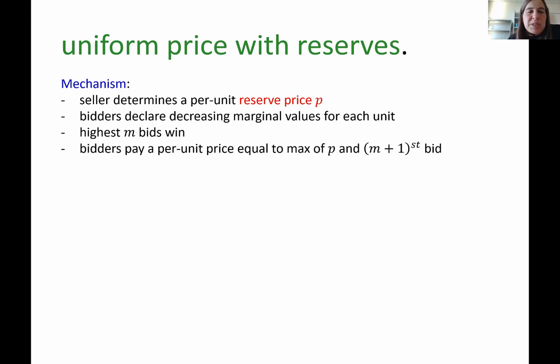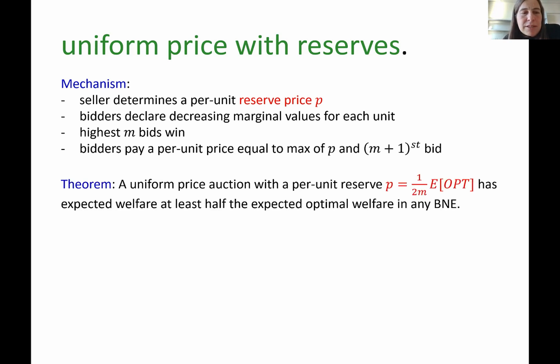But now the bidders pay a per unit price that's equal to the max of the reserve and the highest losing bid. What we show in the paper is that if you use these balanced prices from the posted pricing mechanisms as your reserve, then again, the expected welfare is at least half the expected optimal welfare in any Bayes-Nash equilibrium of the combined market.